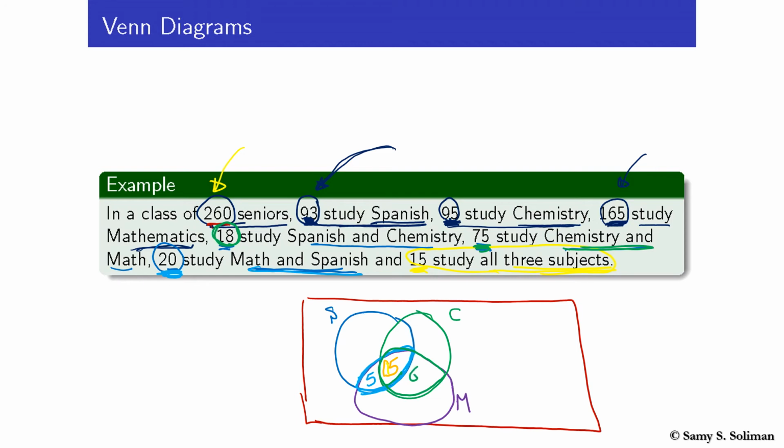So the 60 remaining students are studying chemistry and math only. Continuing in this manner, we can find the number of students in each of these subsets, and the remaining students that are not included here are those students who are not studying any of the three subjects.